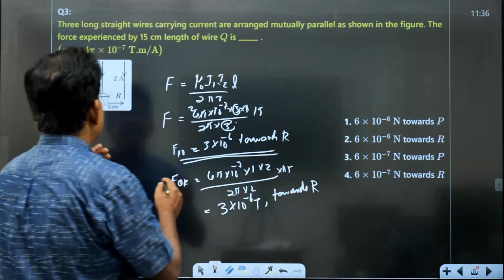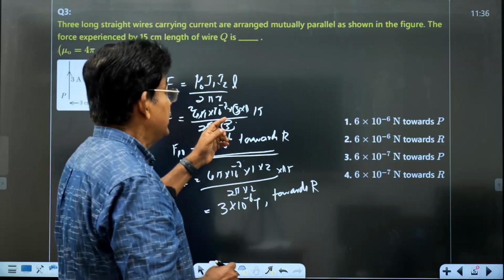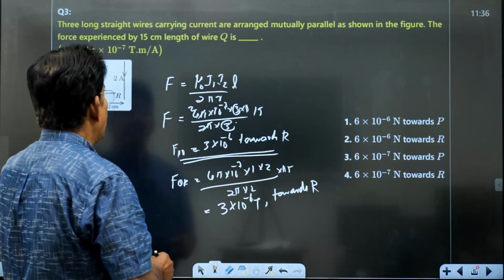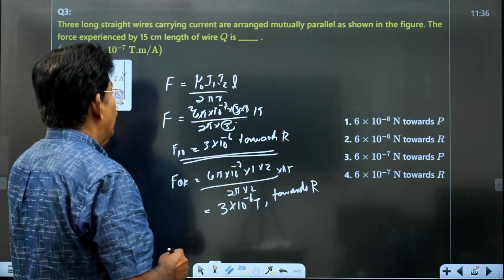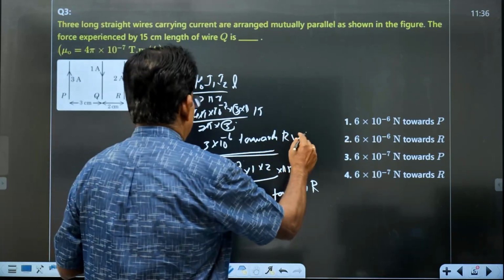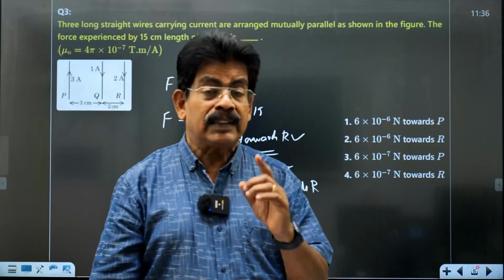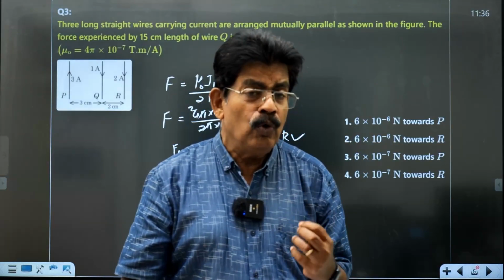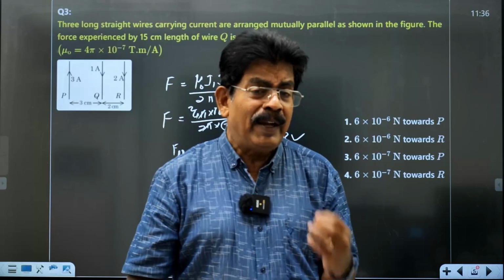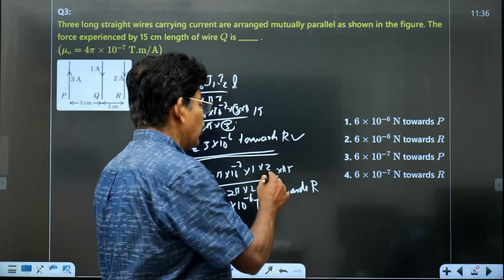Okay, attraction means I'm talking about the force on Q. First case, force on Q by P was repulsion. P will push the Q away from it, that is towards R. Second case, current in Q and R are in same direction, they will attract. So when I'm talking about Q, Q will be attracted by R, force will be towards R. So both the forces are equal in magnitude.